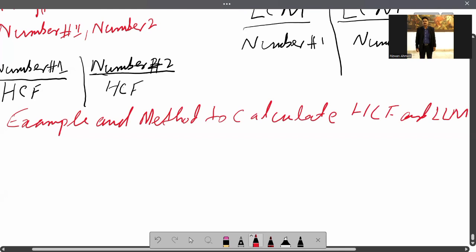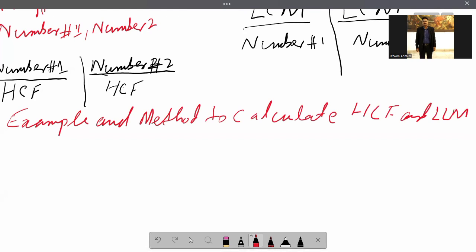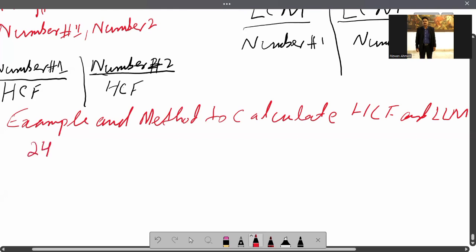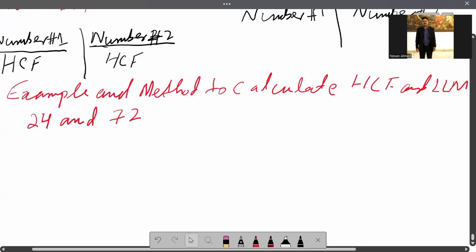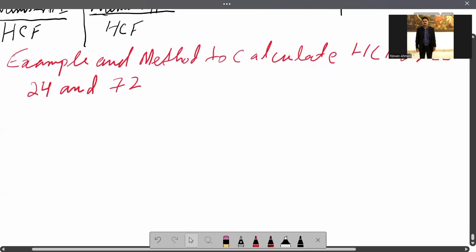For this, let's suppose we have two numbers, 24 and 72, and we have to calculate the HCF and LCM of them.